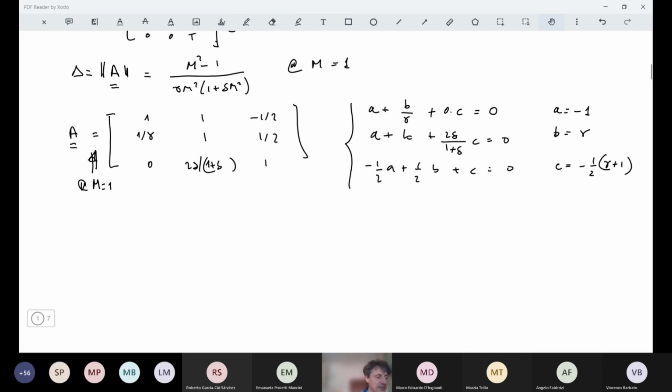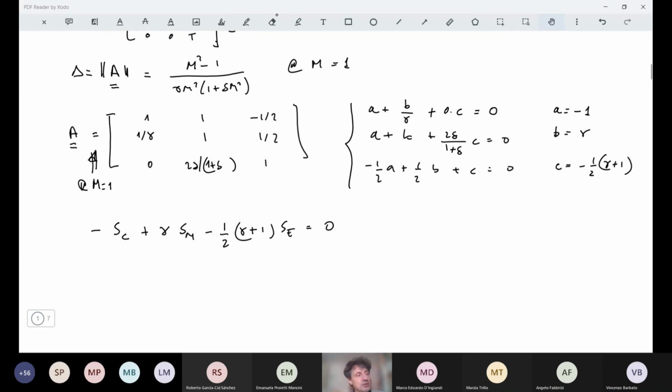So it means that, looking now at the right-hand side, the set of equations is a linear combination if for the left-hand side the following relation is valid: minus 1 as c plus b, that is gamma, as m, then c, minus 1/2 gamma plus 1, as e, equal to 0.